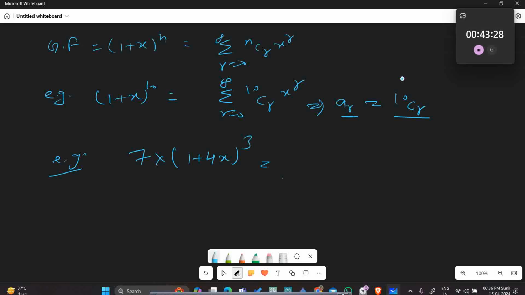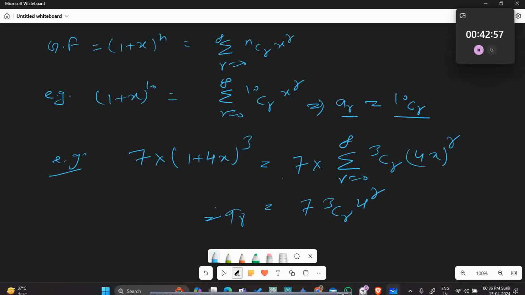It is like 7 into sigma 3Cr (4x) to the power r. Is it like that? All right. So a_r for this will be 7 into 3Cr into 4 to the power r.